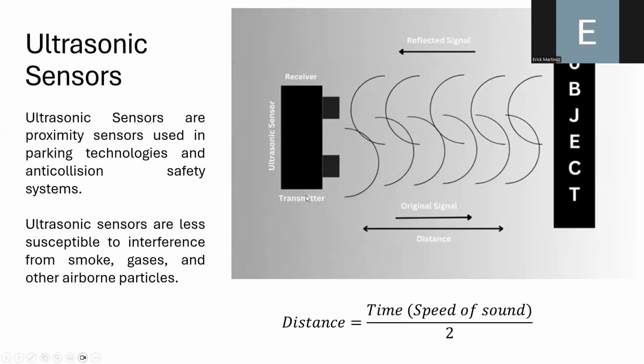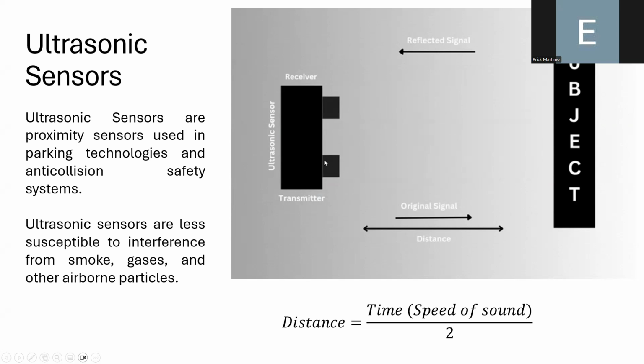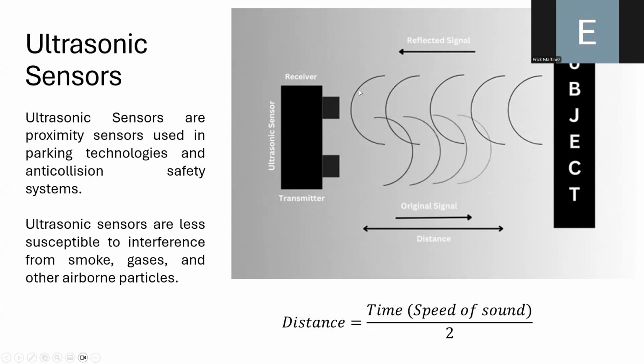We have a transmitter, and this transmitter is producing a sound. And that sound is traveling from the transmitter of the ultrasonic sensor to an object. But this sound goes to the object and then is bounced back to the sensor. And this sound is received by another component that is called the receiver.